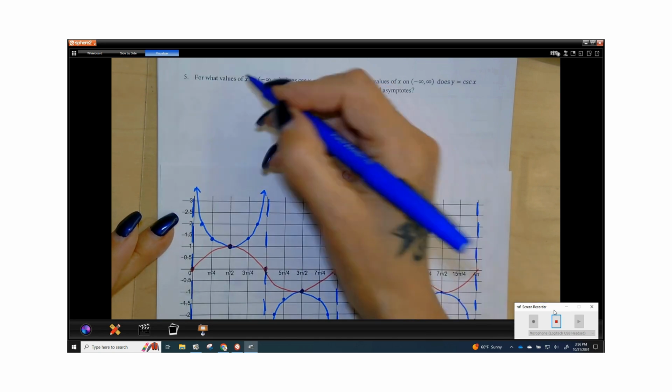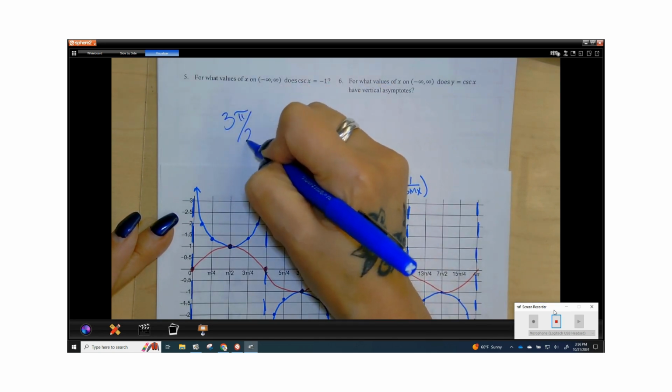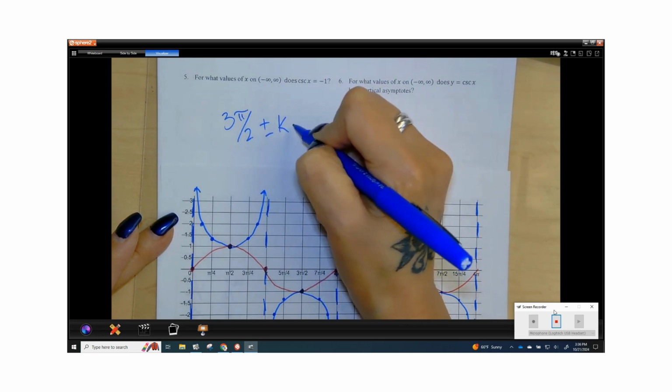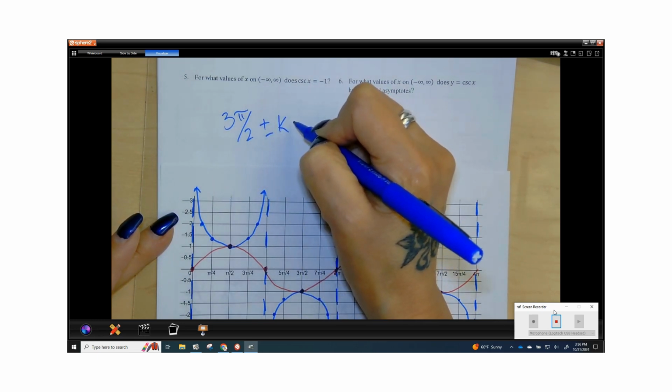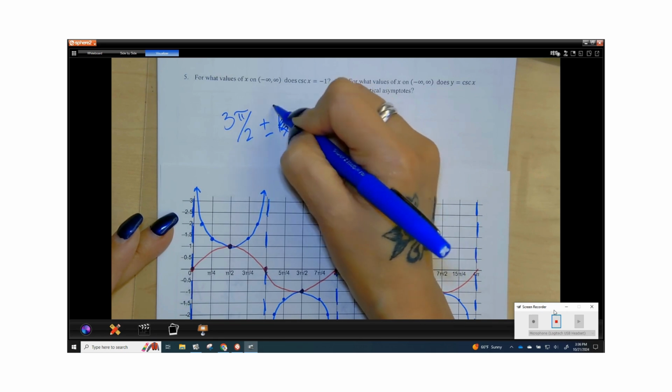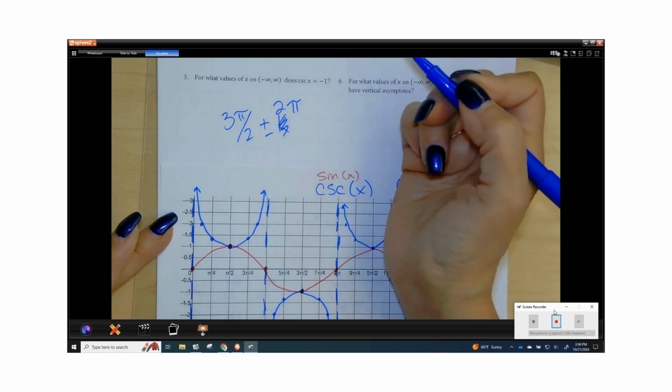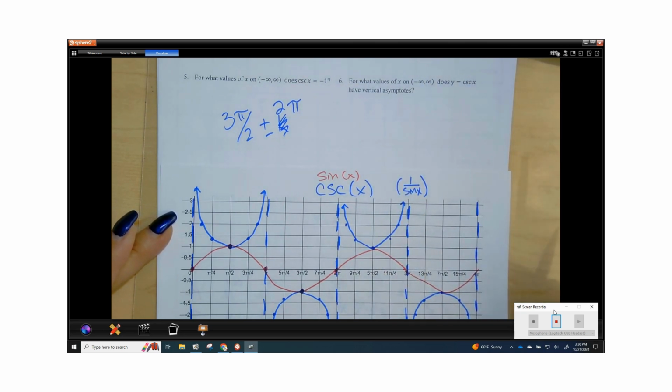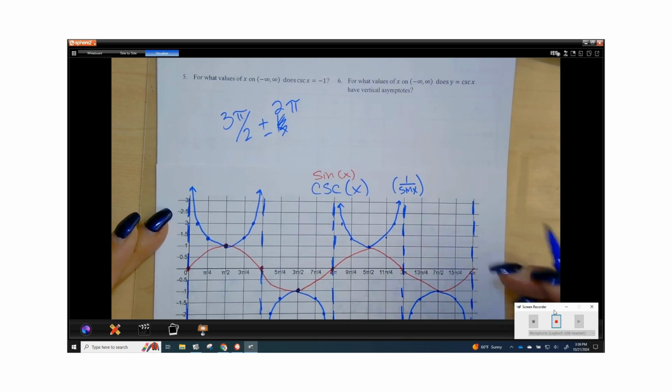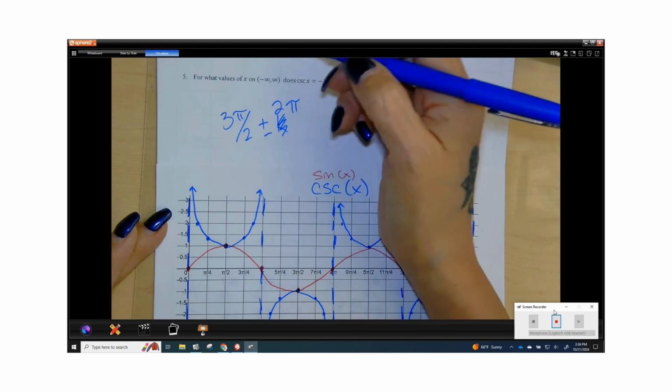So 3 pi over 2 plus or minus k, I'll say 2 pi, because this is pi and there's another 2 pi. You could have k times 2 pi if you wanted to be a constant.